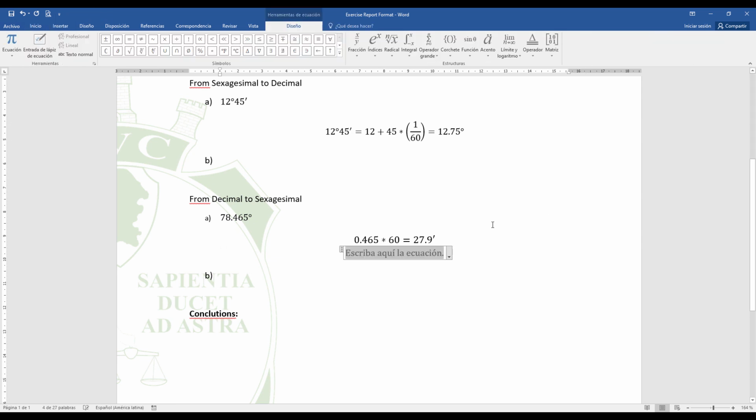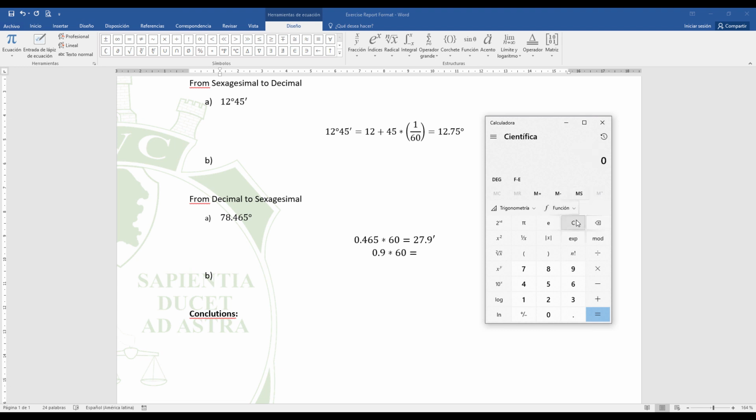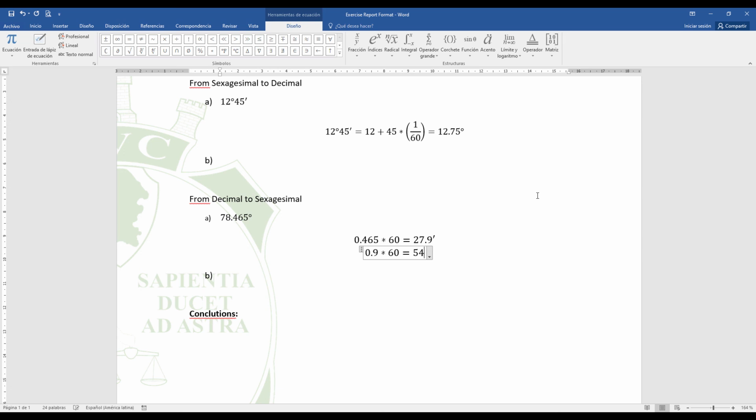again you will use an equation, and remember, you will only use the decimal part, 0.9 by 60. Yeah, 54.